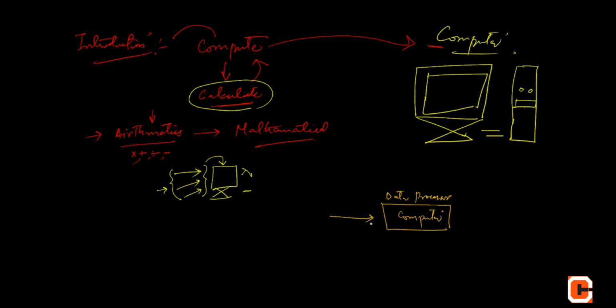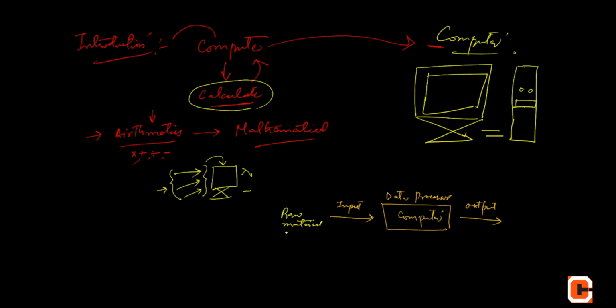This is an input which we are feeding to the computer, and it is going to give us an output, our desired result. So what is the input here? The input here will be the raw material, for instance.